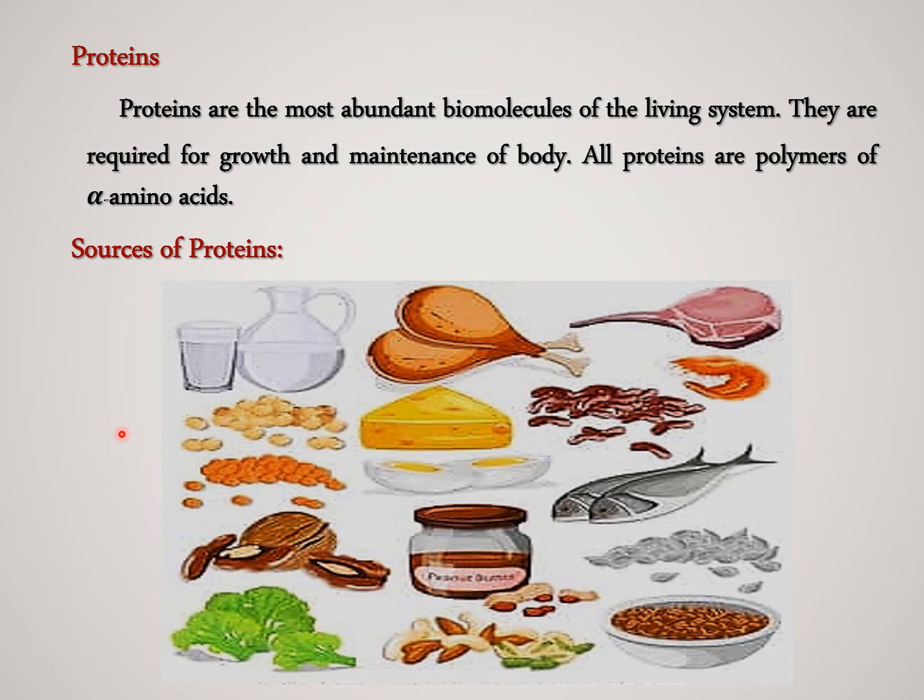In human beings, it is present in the hair, the skin, the nails, tendons, arteries, connective tissues, etc. Therefore, each living cell is made up of thousands of different proteins. So, proteins are all considered as the polymers of alpha amino acids.